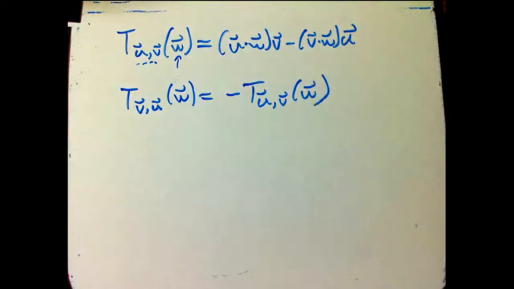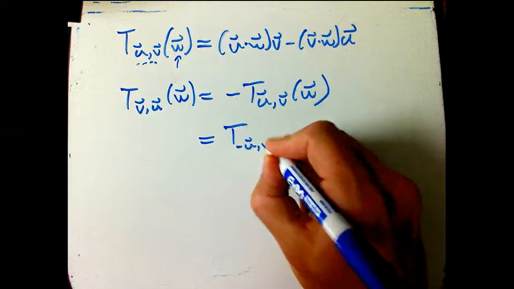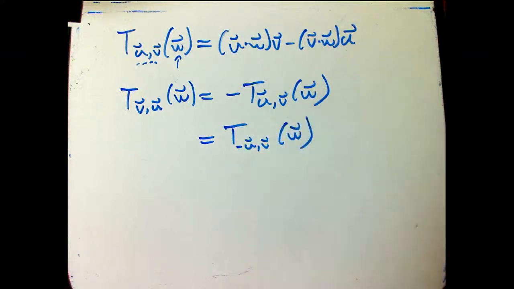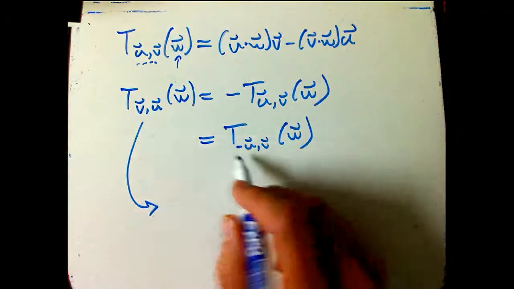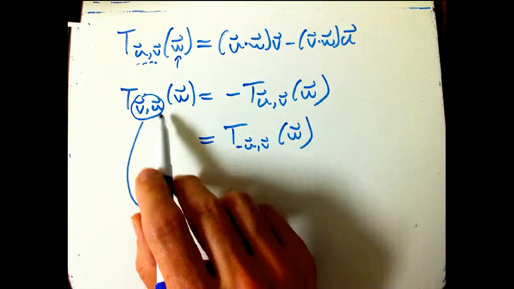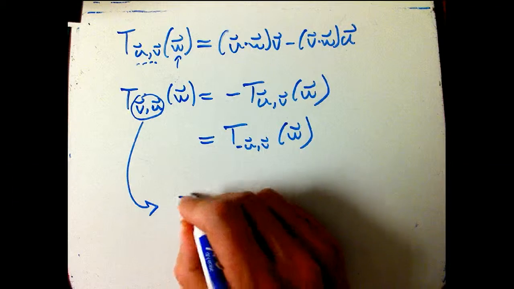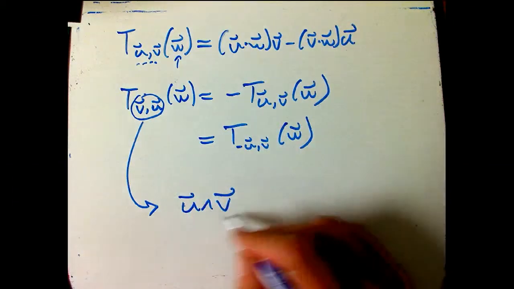So it's not really new information. And in fact, I could have also gotten it by just negating one of the vectors. That would have been easier. Well, what does this mean? It really means that what I'm doing here is I'm only looking at U wedge V. Now I need to take a minute to talk about how this makes sense.